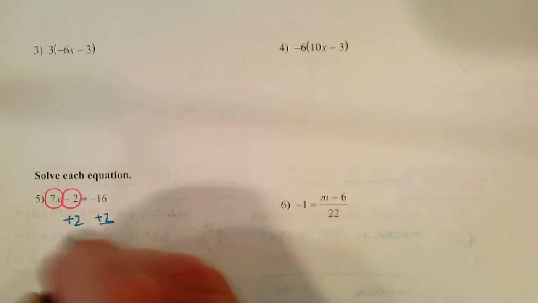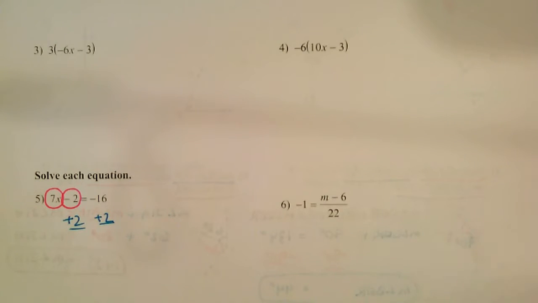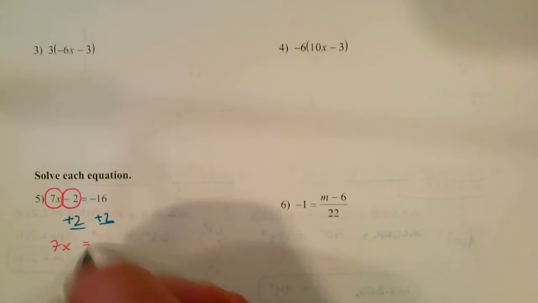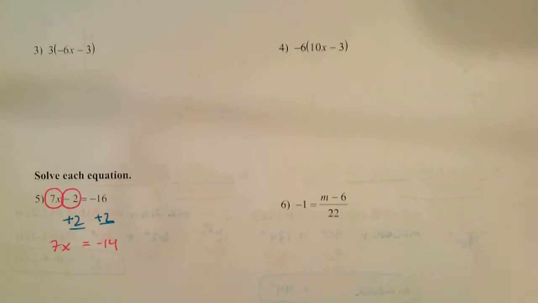And of course, you have to do the same thing to both sides to maintain the equality. So over here, we have 7x equals negative 16 plus 2 is negative 14. And then in our next step, to isolate the x, we just divide by 7 on both sides. So that leaves us with x equals negative 14 divided by 7 is negative 2.